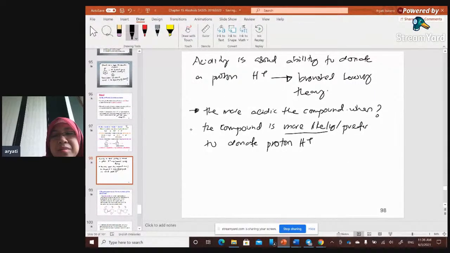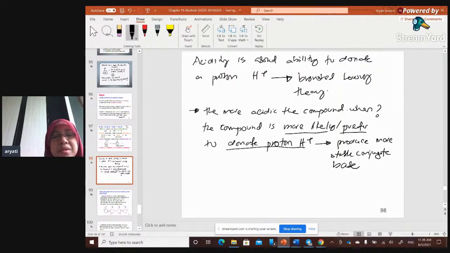Okay, when dia prefer, so bila dia donate proton H plus, apa efek dia? Dia akan produce more stable conjugate base. Ini kita dah belajar masa chapter 7, sem 1.